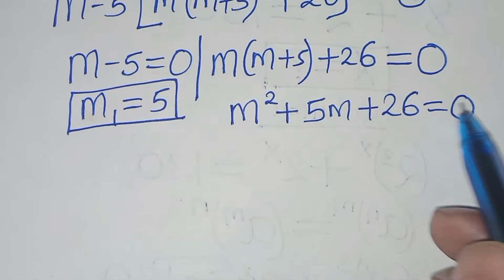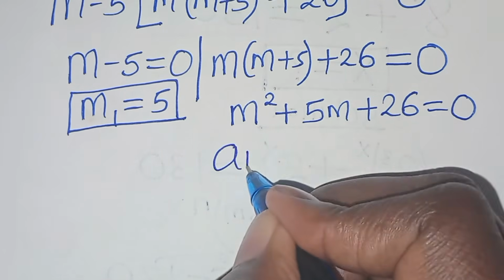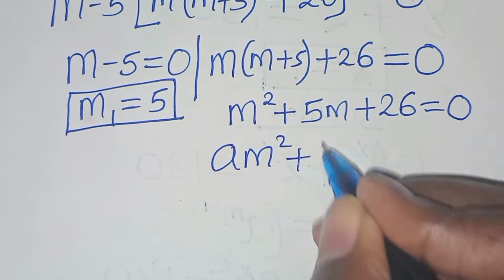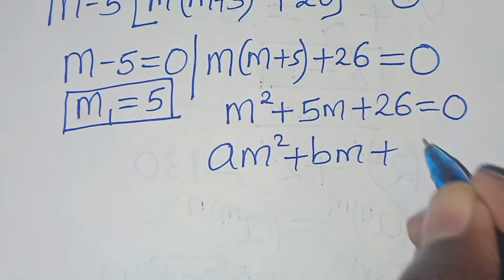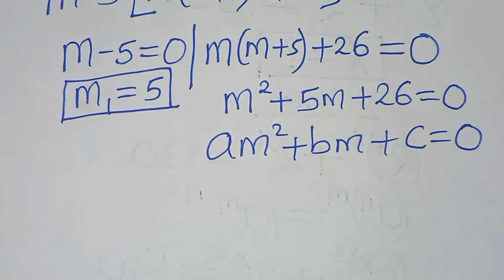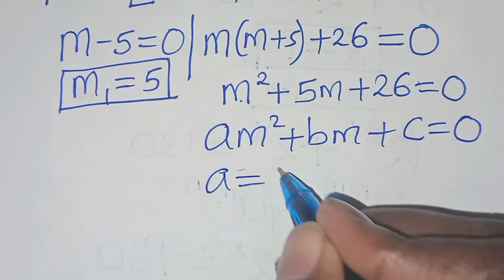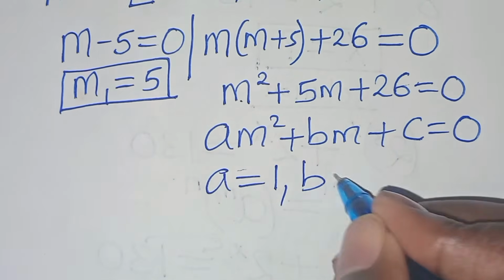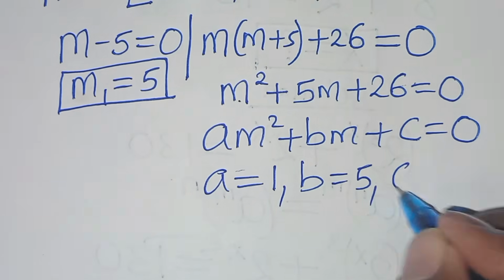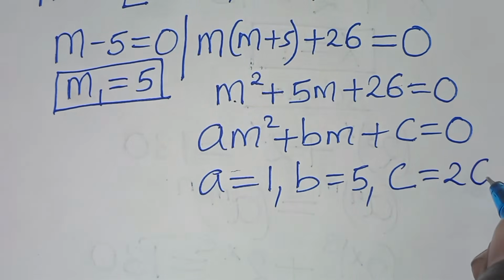Now, this is a quadratic equation of the form am squared plus bm plus c. This is equal to 0. From this quadratic equation, a is equal to 1, b is equal to 5, and c is equal to 26.